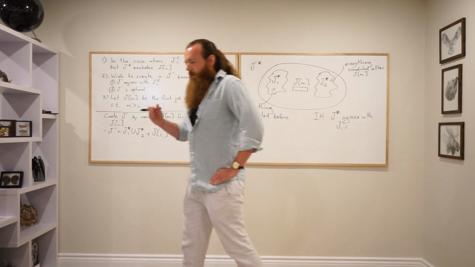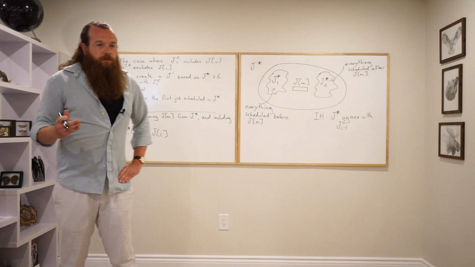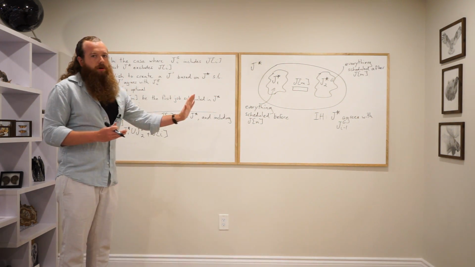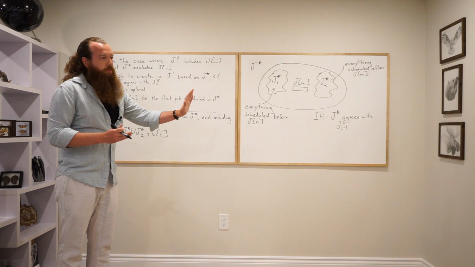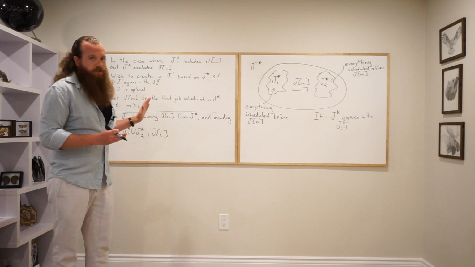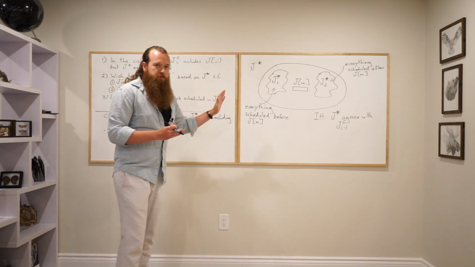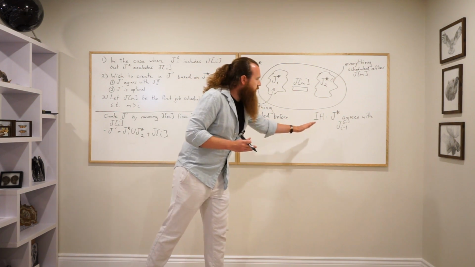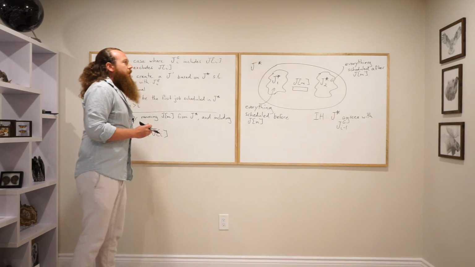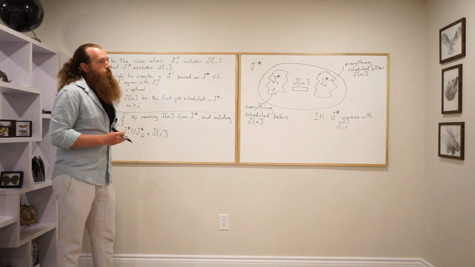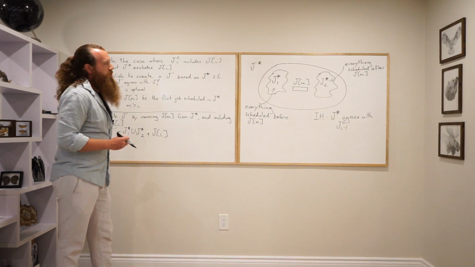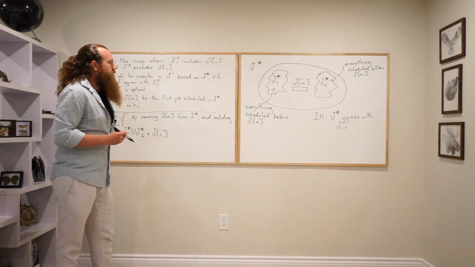Okay, that means for all the jobs that the greedy algorithm included up to job I, before job I, not including job I, J star agreed with those choices based off the inductive hypothesis, therefore all those jobs are in J star. And the ones that weren't included aren't in J star. That's the definition of agrees.